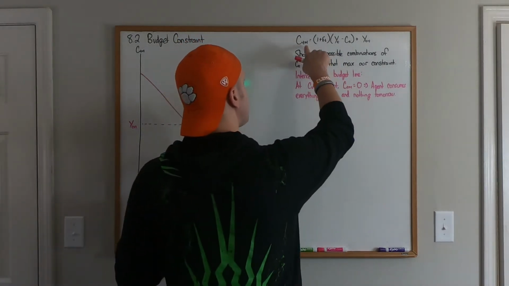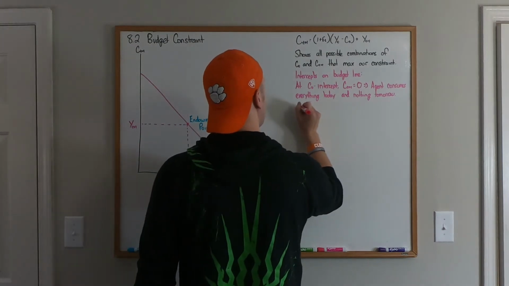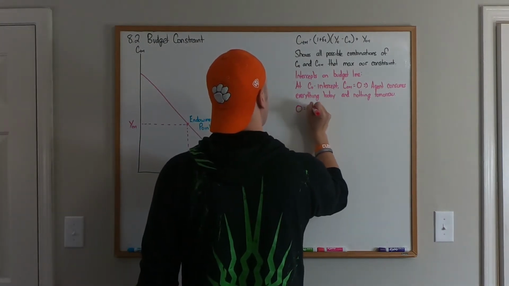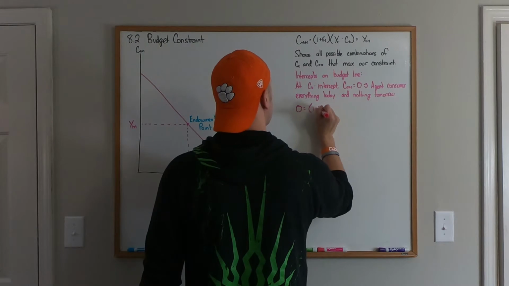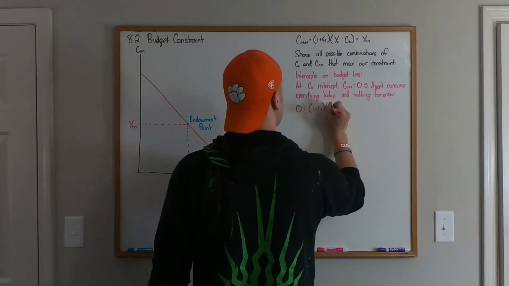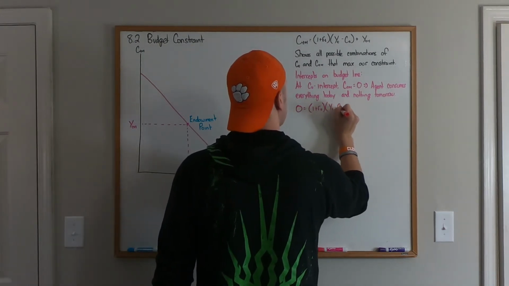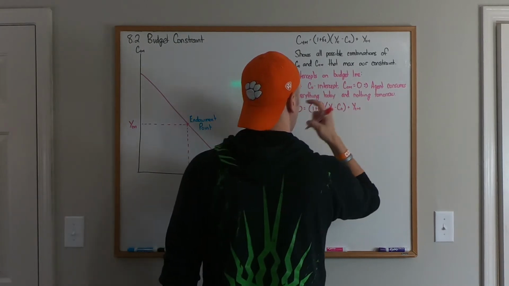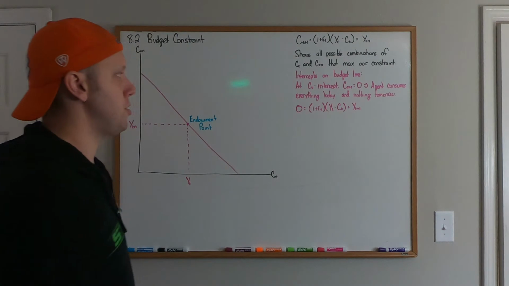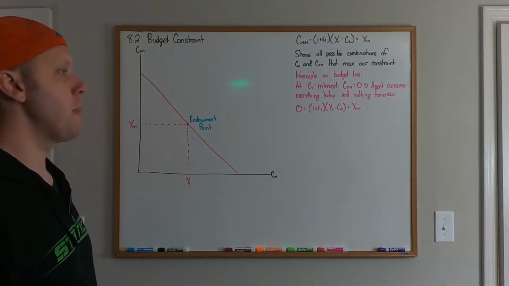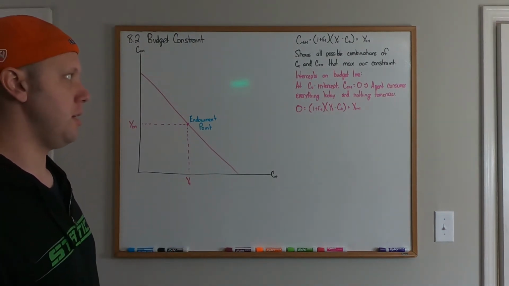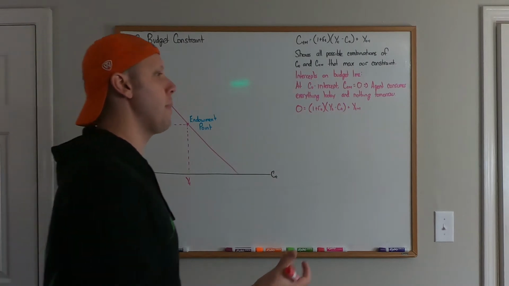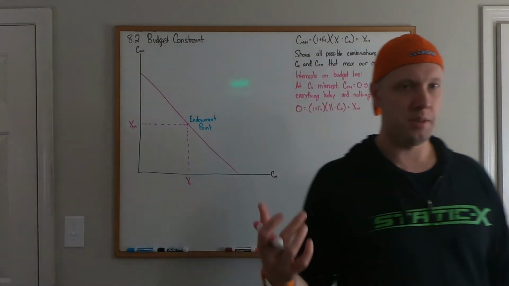So if that's the case, CT plus 1 equals 0, so we would have 0 equals 1 plus the interest rate times YT minus CT plus YT plus 1. Right, so 1 plus the interest rate times YT minus CT. What is YT minus CT? Well, if we remember the resource constraint, YT minus CT was investment.